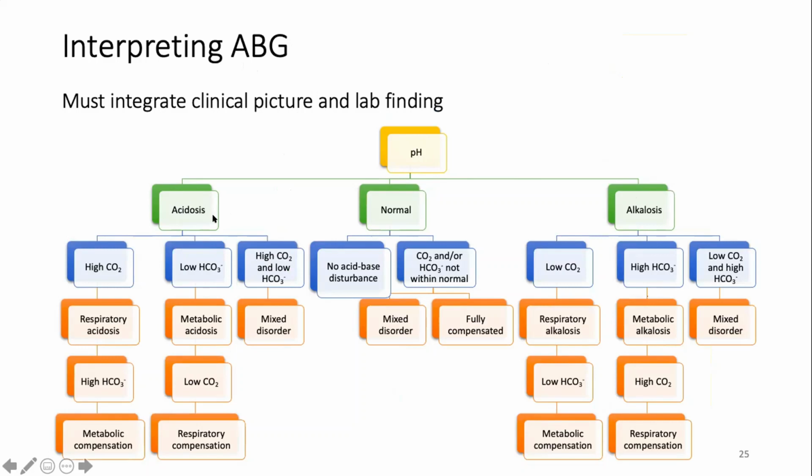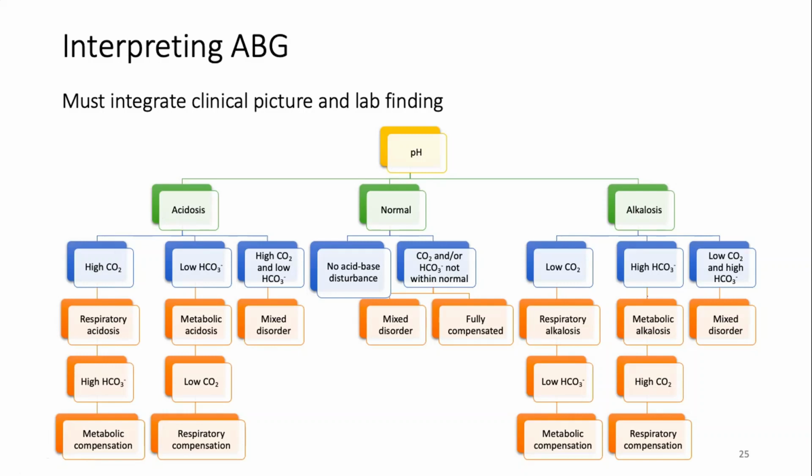So let's first look at the acidosis. Acidosis can come from either the respiratory or the renal system. Respiratory is usually by carbon dioxide retention. So if it is carbon dioxide retention, high CO2, you know it is a respiratory acidosis. How do you know if any compensation has taken place?